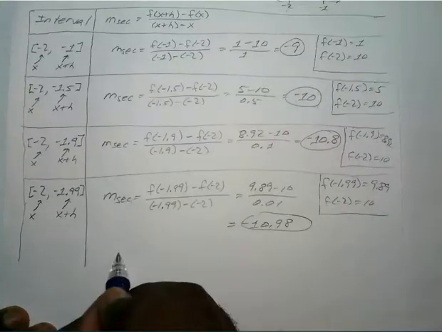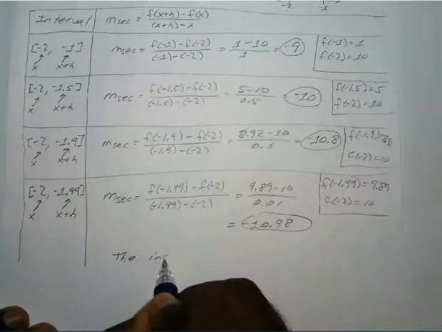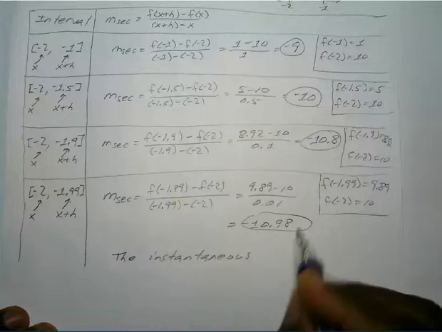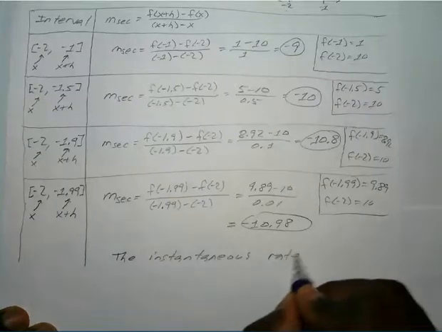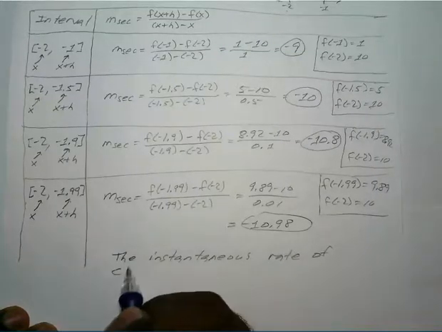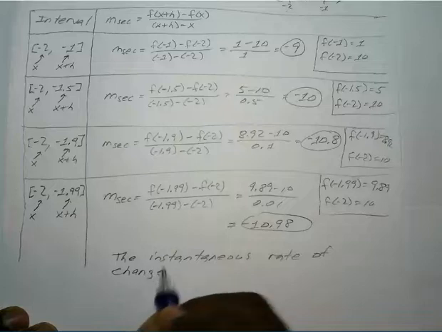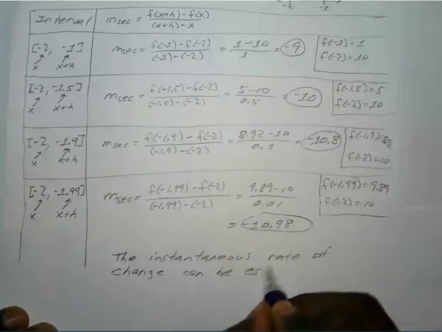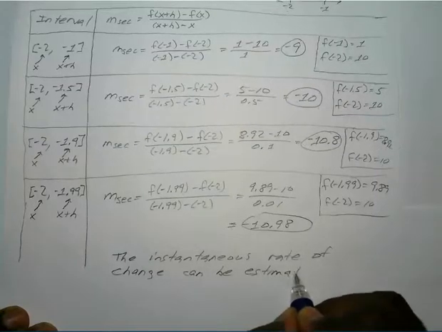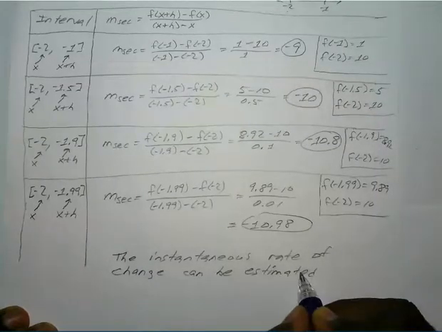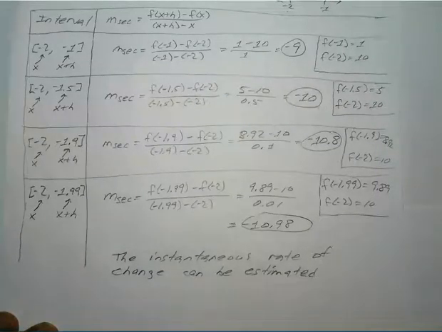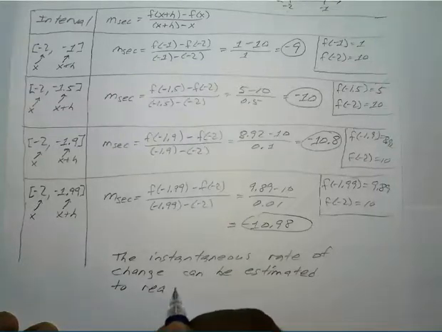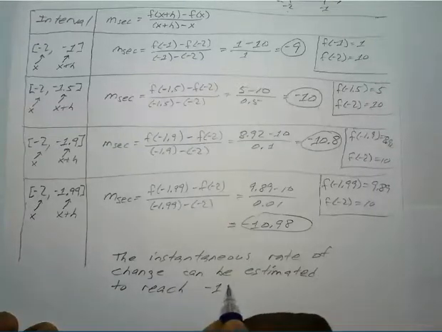Okay, so the instantaneous rate of change can be estimated to reach negative 11.